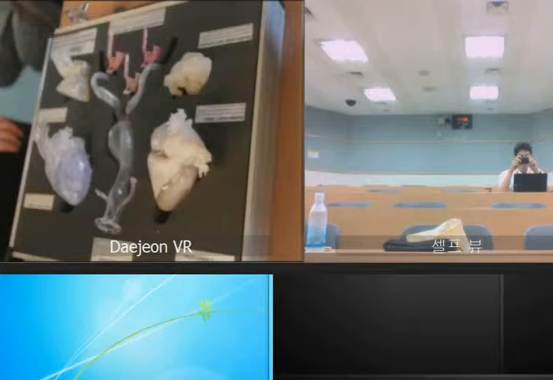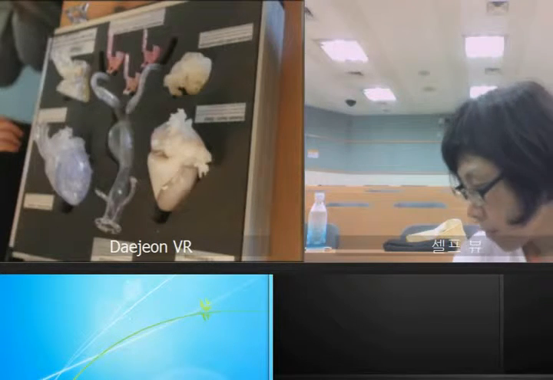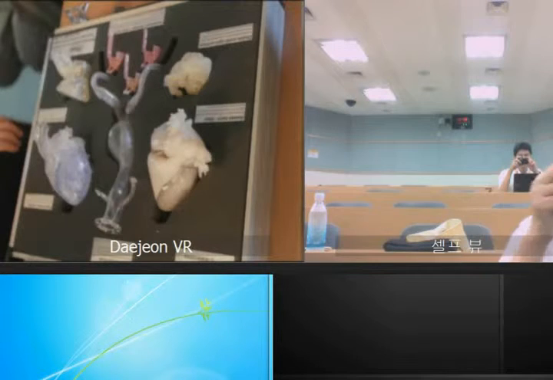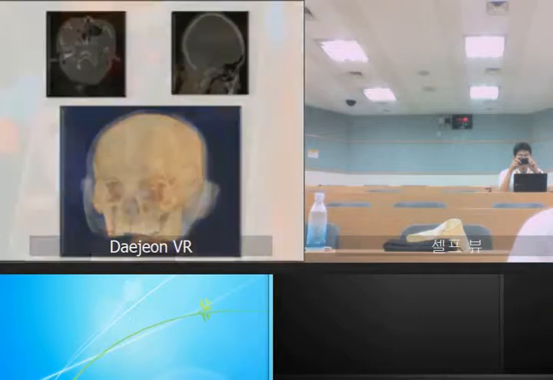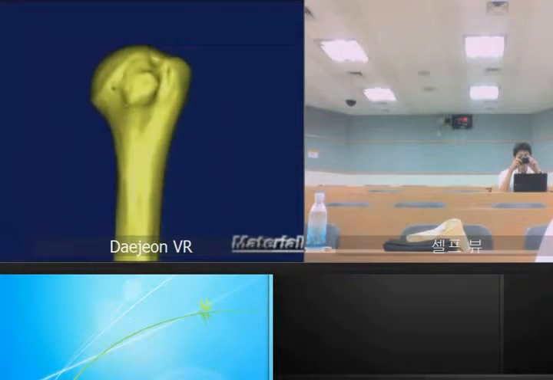So 3D printing is not localized only to hard material. You should obtain the data for the texture, the tactile sense also. We can obtain the data from this kind of sections, and then finally we can obtain this 3D material from the bone to soft tissues.